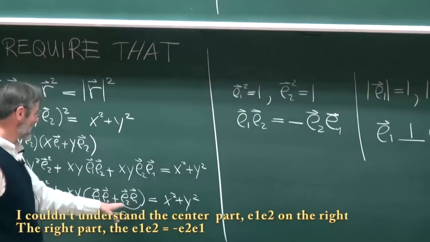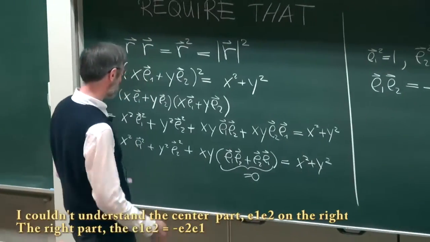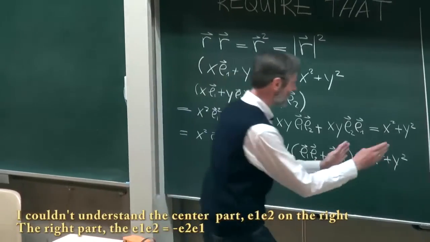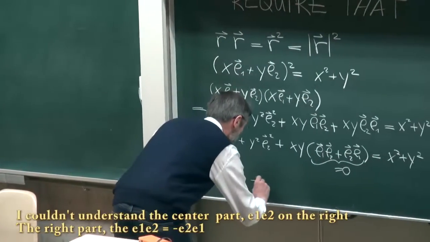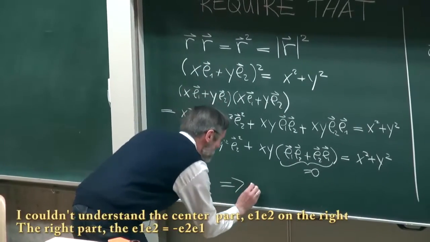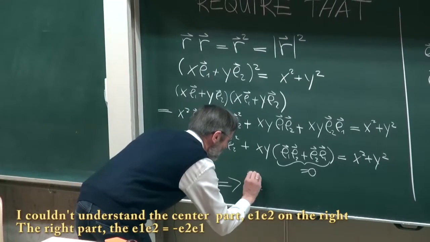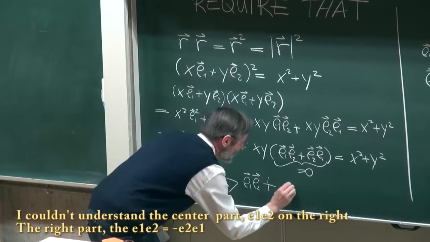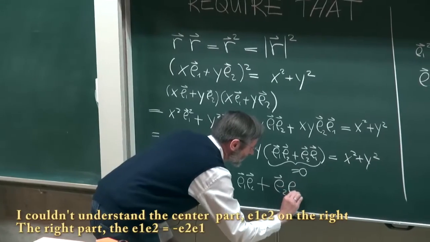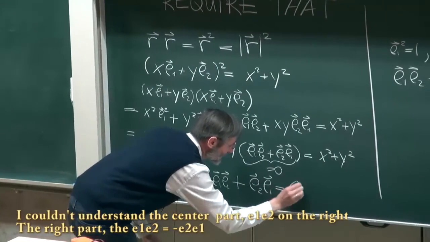Yeah, it comes from this requirement. So if the left side should be equal to the right side, then we have no choice but that E1 E2 plus E2 E1 is 0.